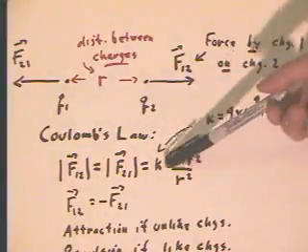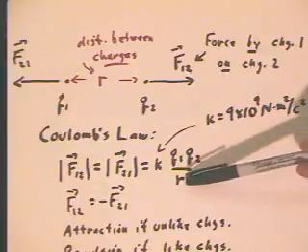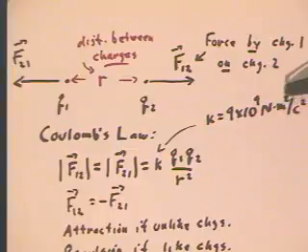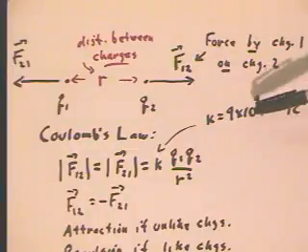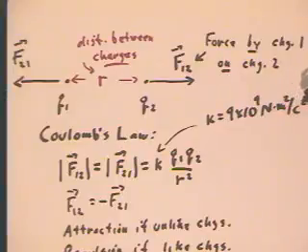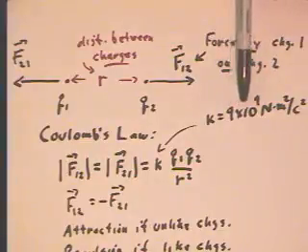Well, the units of the numerator are coulombs times coulombs, or coulombs squared. To cancel out the coulombs, we're going to put a coulomb squared in the denominator. The units of the denominator here are meters squared, so we're going to have a meter squared in the numerator. Thus, when we multiply K by Q1, Q2 over R squared, the meter squared and the coulomb squared will cancel out and leave us with newtons. Note the size of this constant, 9 times 10 to the 9th.